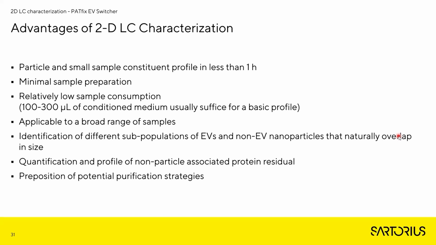SEC would remove all the possible interferences for the further ion exchange examination, and the ion exchange would provide us the information about the heterogeneity of the particles in the sample. For such an approach, we can use about 100 to 300 microliters of the sample, depending on concentration, of course, but this would usually allow obtaining the basic profile, even for the crude clarified harvest sample.